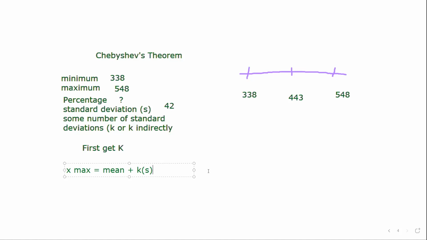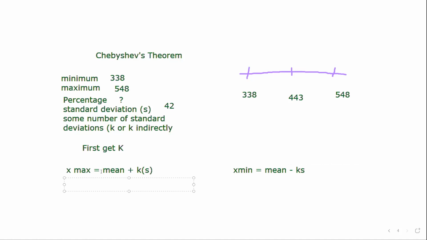Or you can use X min is equal to the mean minus KS. It doesn't matter, but we want to get K first, because we know everything else. So what do you think we should do next? Find the distances between the mean and the maximum and the minimum. You could do that, but the equation is going to help you.